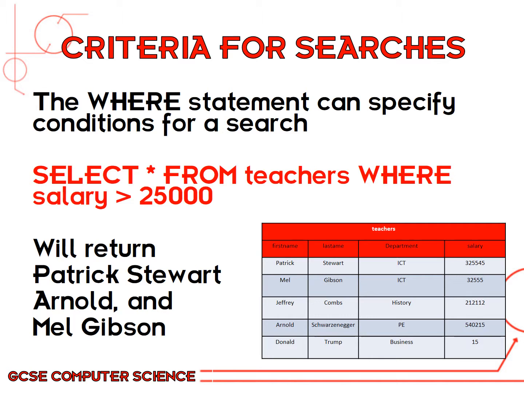So we could do SELECT star, which is select all from teachers, but then put a condition in. So WHERE salary is greater than 25,000, and that will basically return just the values where it is above a certain amount. So that particular command from this table here will only return Patrick Stewart, Arnold Schwarzenegger and Mel Gibson.